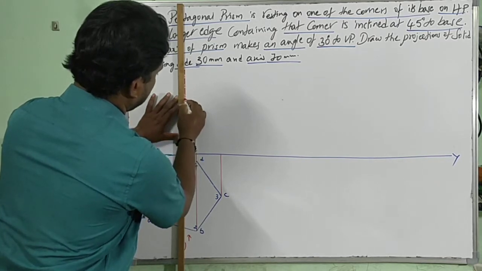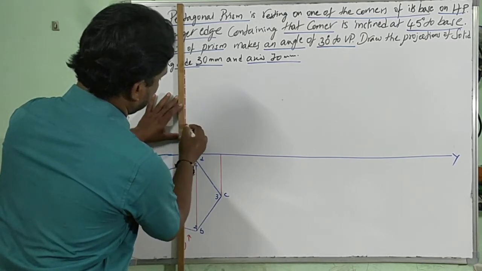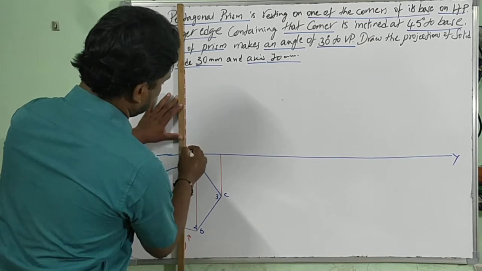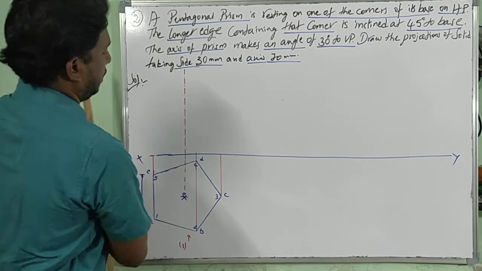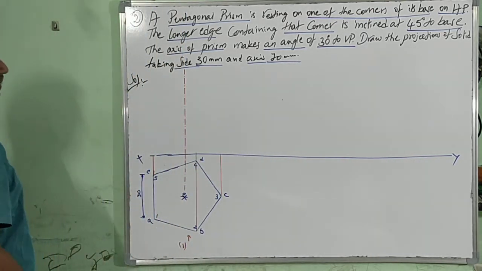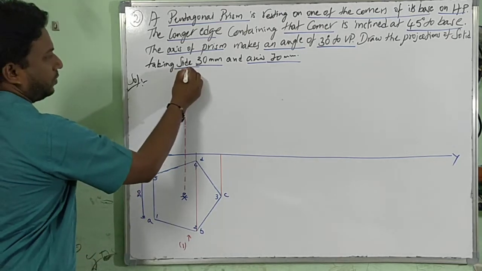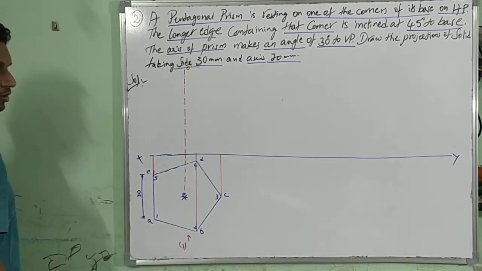Dash dot. Axis of 70 mm. Right, now here comes your point O dash.